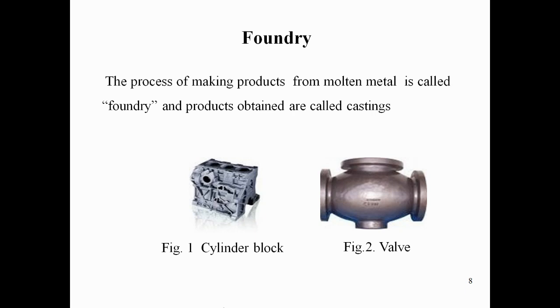The products obtained are called castings. Here we have a cylindrical block and a wall. These two are castings prepared in the foundry section. Some examples are flywheels, gears, engine cylinder blocks, etc.